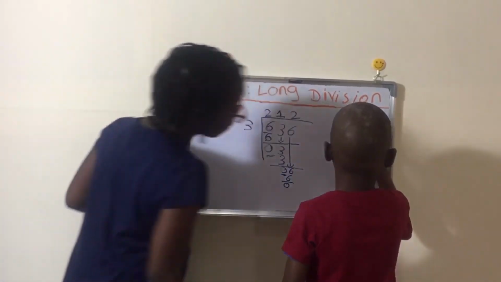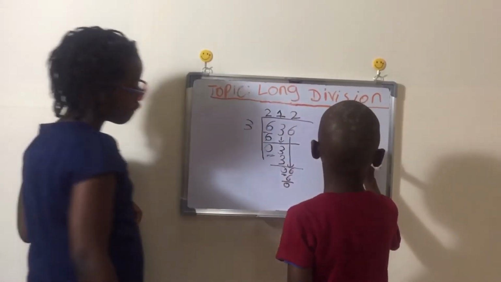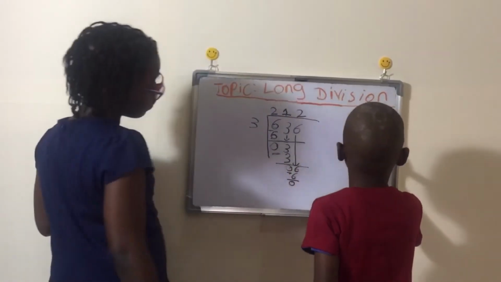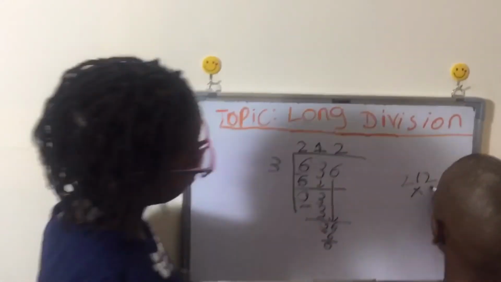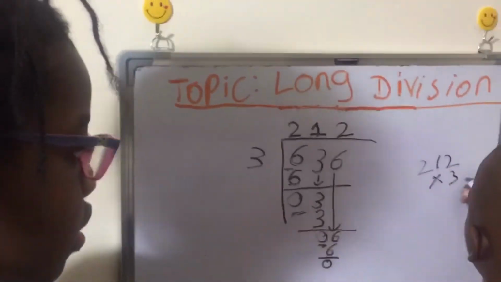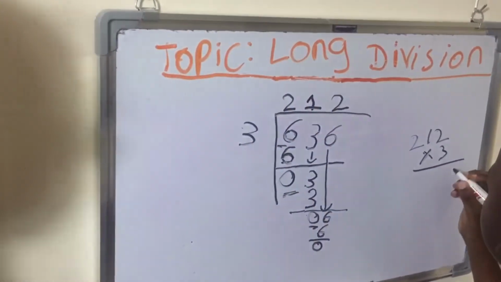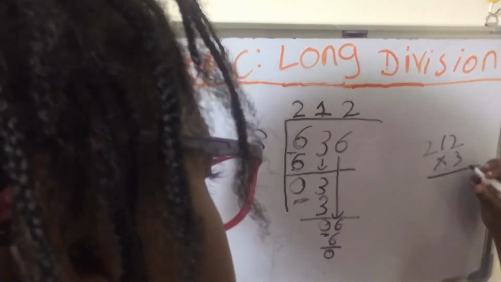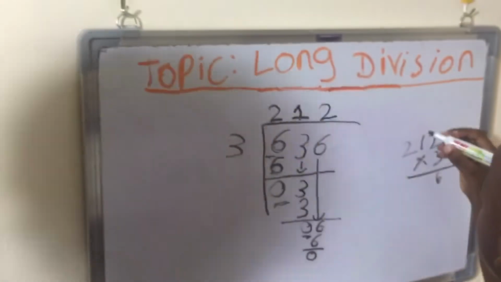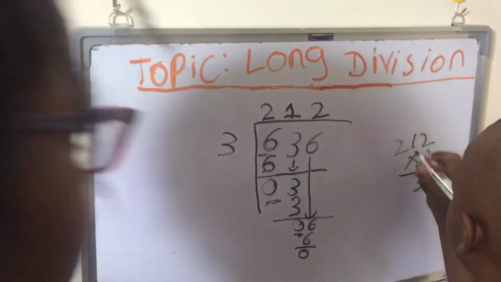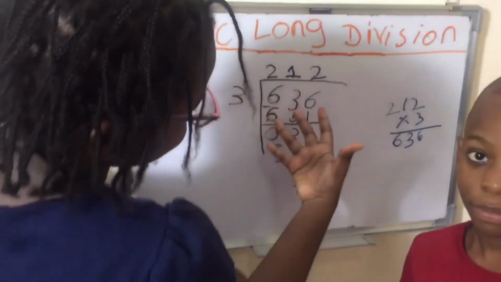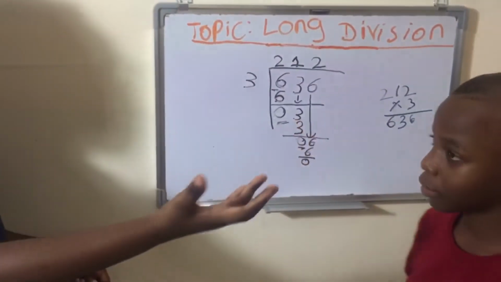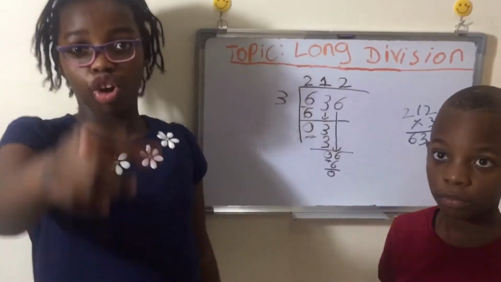This is what I mean. 212 multiplied by 3 equals 636. See? And now we got what we actually wrote here. That means you got it right.